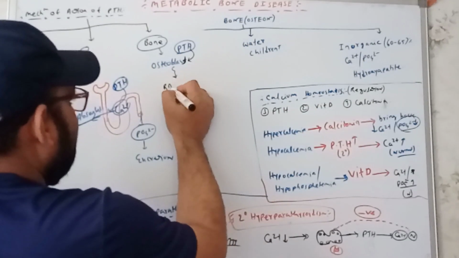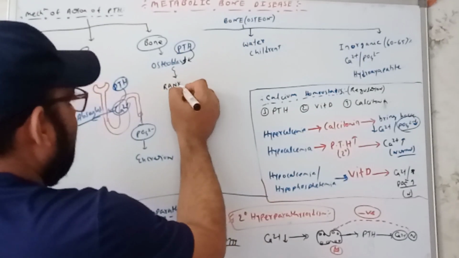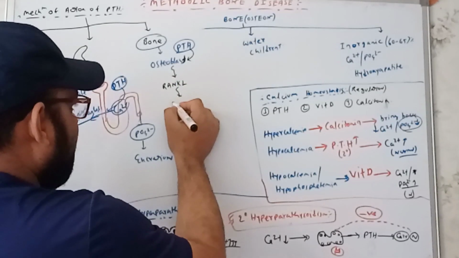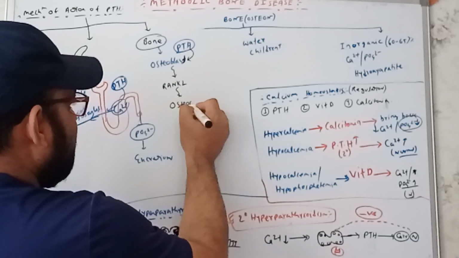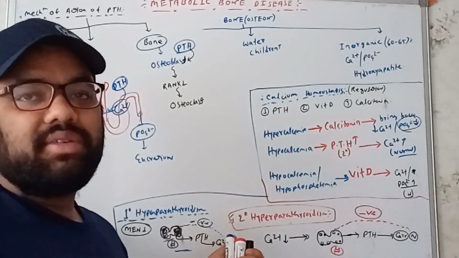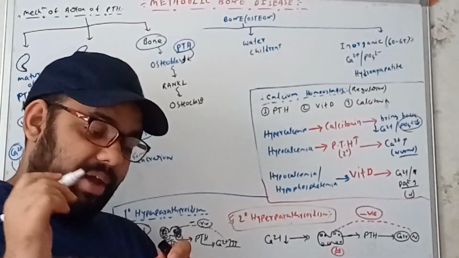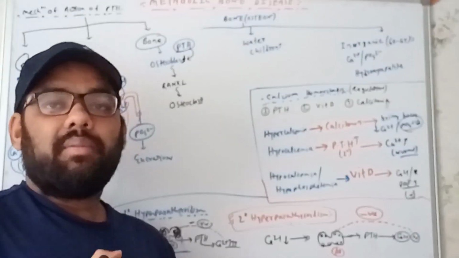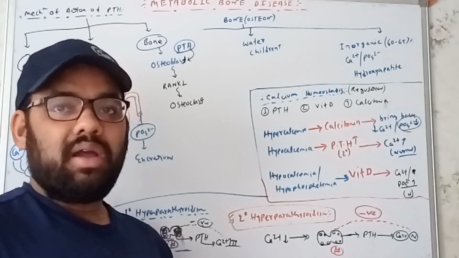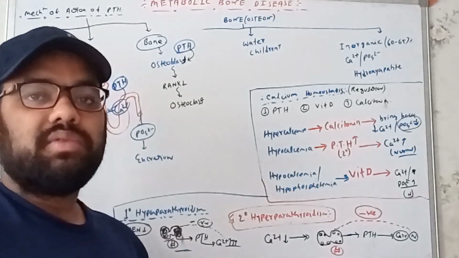The RANK ligand protein. And within the osteoclast, there is the receptor for RANK ligand. What did I say? First, the parathyroid hormone will activate the osteoblast to form the RANK ligand. And within the osteoclast, there is a receptor for RANK ligand.